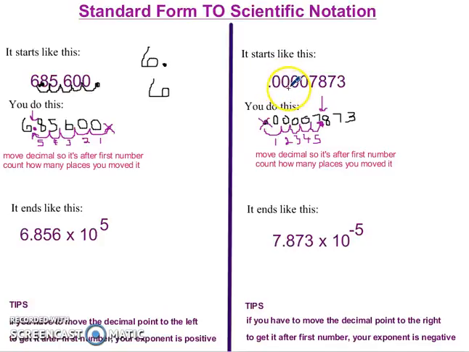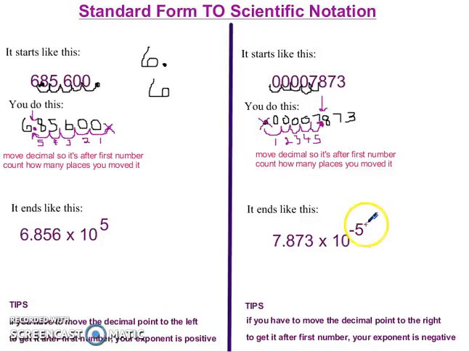That would put 2 zeros in front. So I need to move my decimal point right after this first digit that is greater than 0. So I'm going to count how many times I move it: 1, 2, 3, 4, 5. I had to move it 5 places to the right.